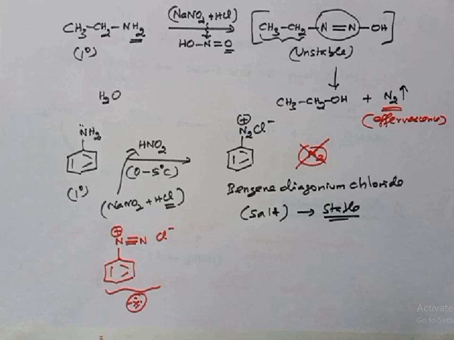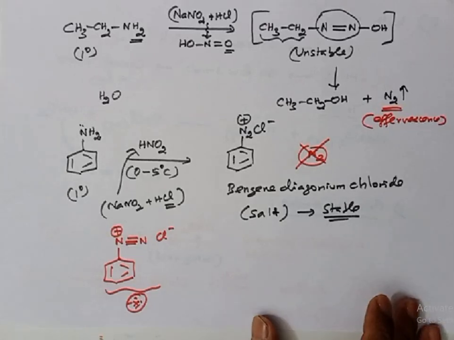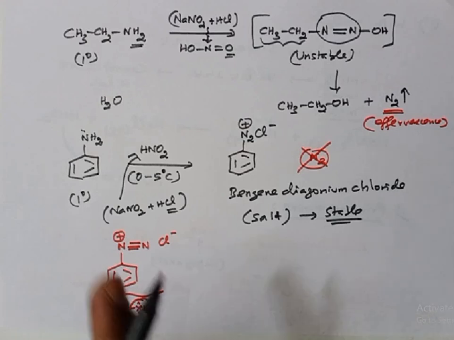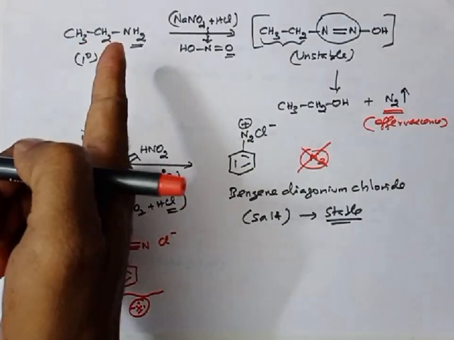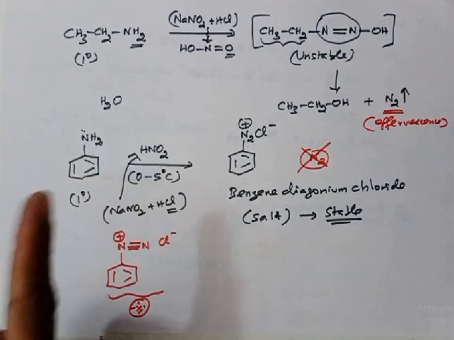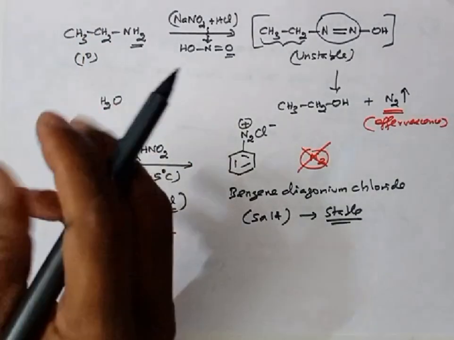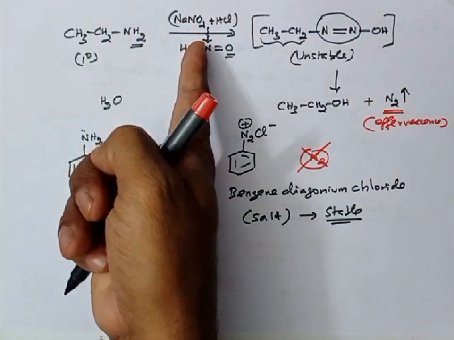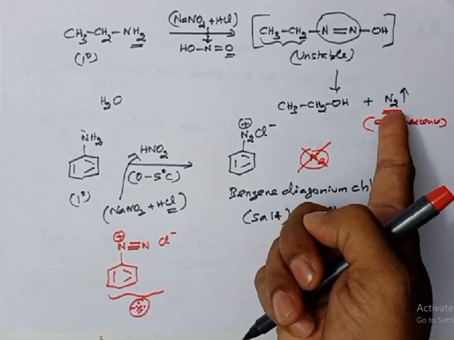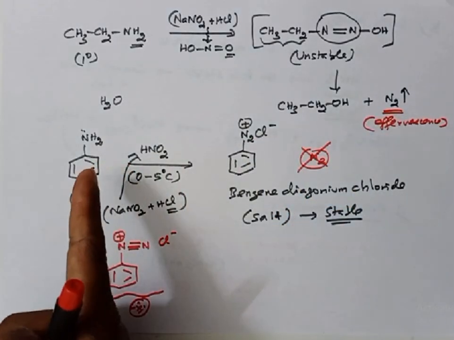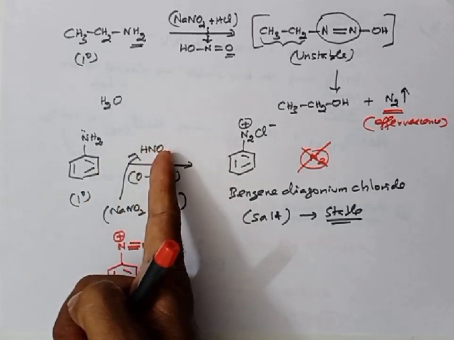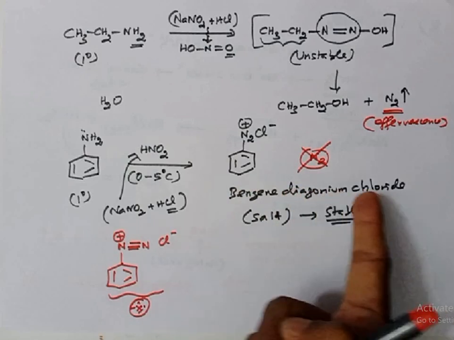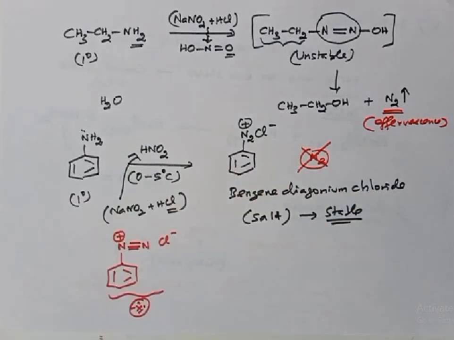Students, is this clear? Any doubt? Yes, this is one of the methods to distinguish aliphatic primary amine and aniline. Sometimes they will ask, how will you distinguish aliphatic primary amine and aniline? Aliphatic primary amine with nitrous acid produces effervescence of nitrogen gas, whereas aromatic, that is aniline, reacts with nitrous acid to form a stable salt called benzene diazonium chloride. There is no nitrogen gas evolved.